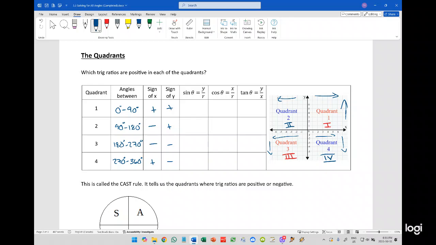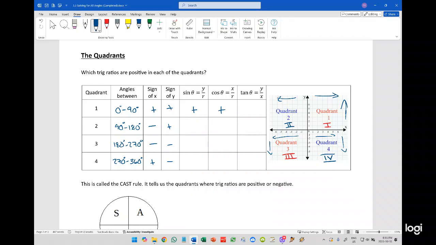If we take a look at our sine, cosine, tan ratios, the sine ratio of any angle theta is y over r. Keeping in mind that r is a radius, so it'll always be positive, it's going to be the same sign as y. So the sine will be positive in the first quadrant. The cos is x over r. R is positive because it's a radius, x is also positive, so it will be positive.